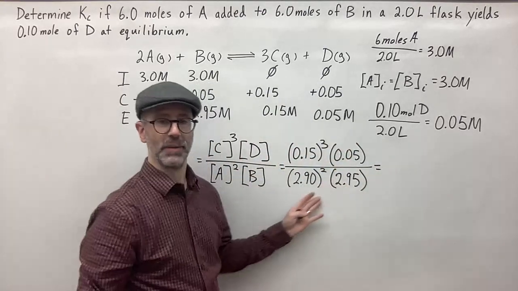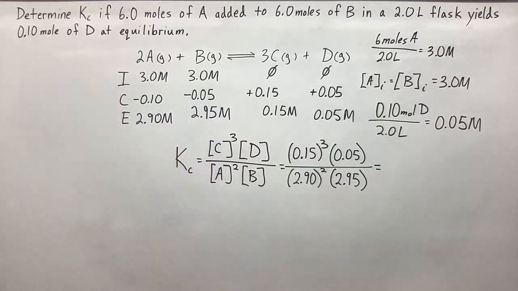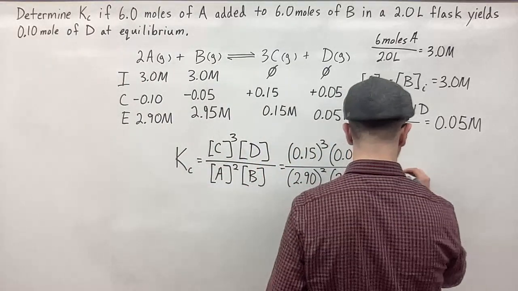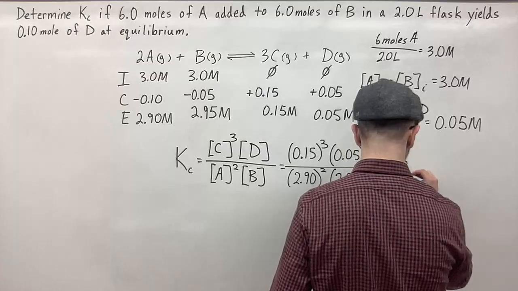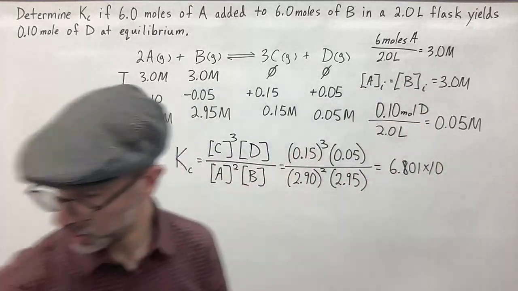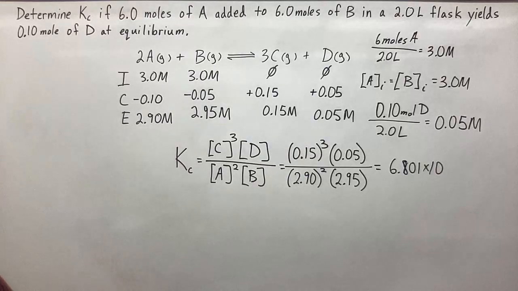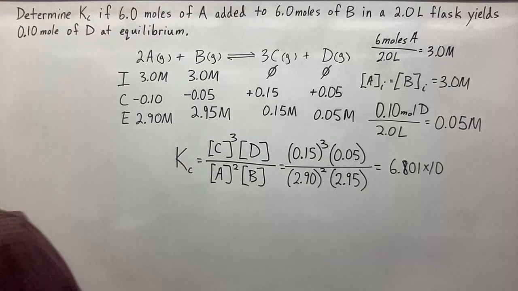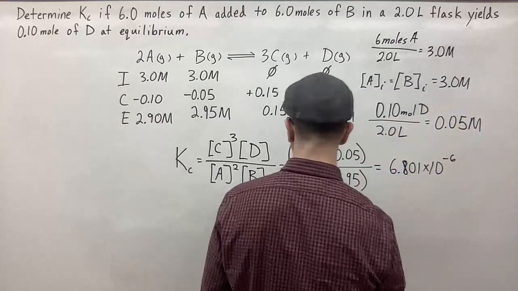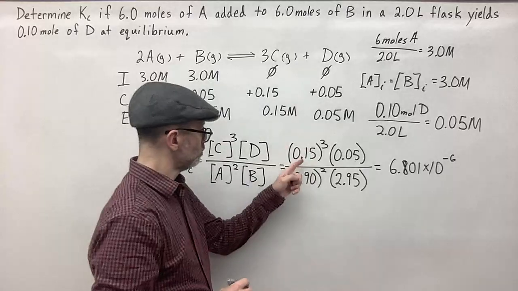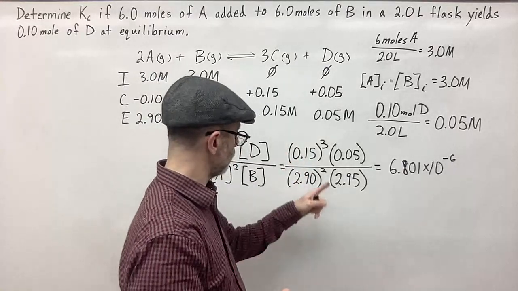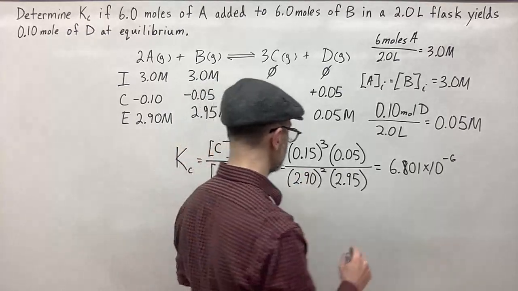And then when I put that in my calculator, I get 6.801 times 10 to the -6. And of course, if I round that, I have to consider sig figs here. If I'm subtracting, I can limit this to 2 sig figs.